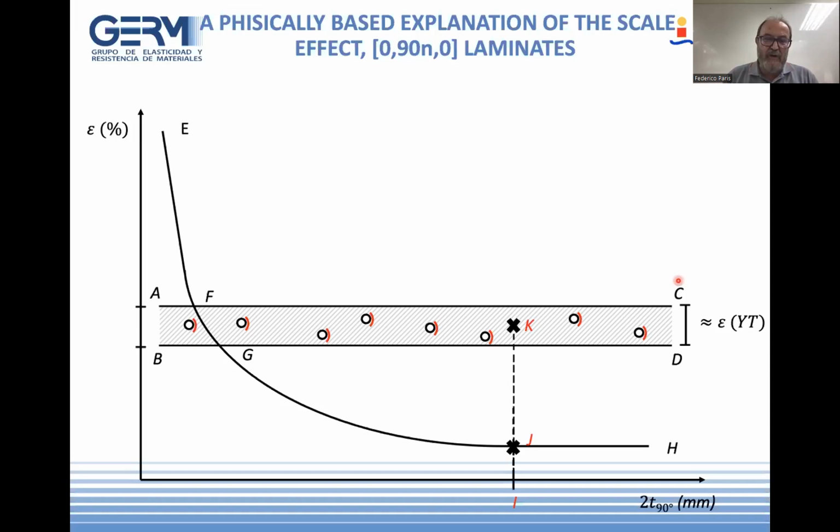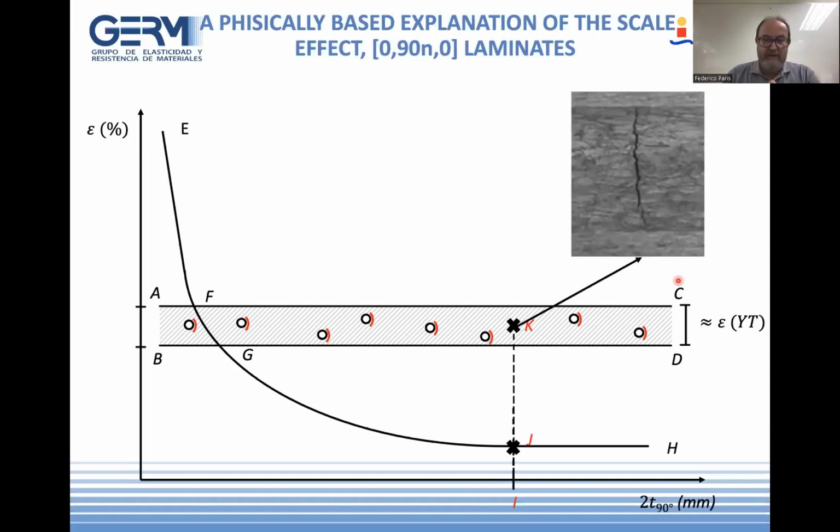In fact, the difference between J and K produces an enormous amount of energy to be used in another thing. As you can see here, there is energy to produce a transverse crack and debonding. If we now move here, it's completely different.